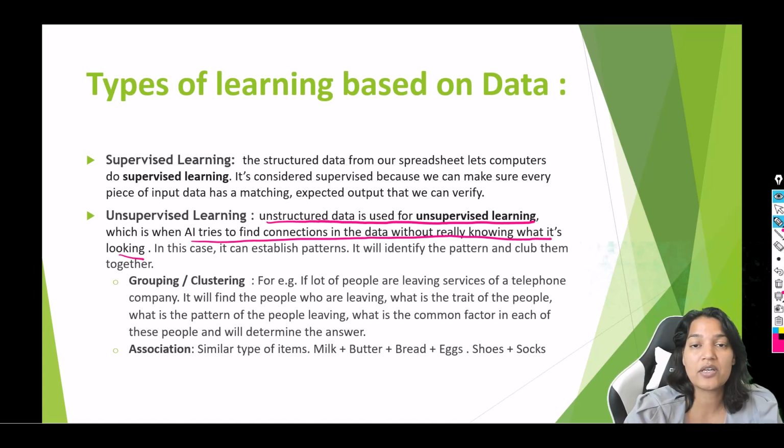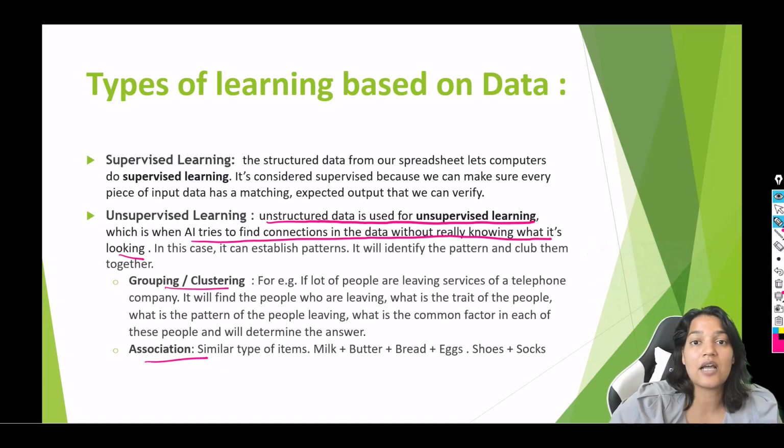One image had one ball in it, another image had two balls, another had three balls, and then you had a bat in there, and all these kinds of unrelated images you feed to your AI model. Now this AI is going to try to figure out the patterns, or the connections between these data. So unstructured data is used for two things: one is clustering and the other is figuring out associations.